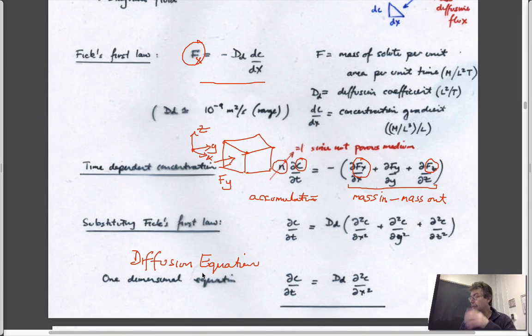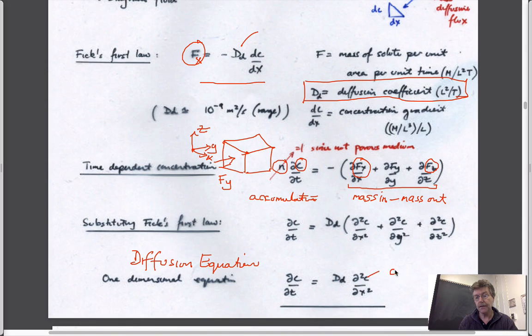The diffusion of a mass through a porous medium. And it has a parameter in it. This is the diffusion coefficient. It's in units of meters squared over time. And concentrations are in mass per unit volume.